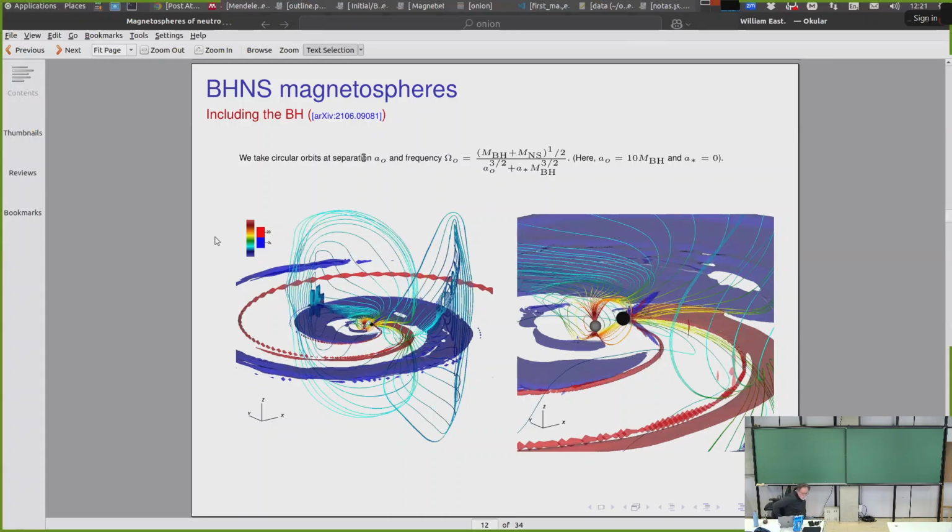And this way you can prescribe a given orbit. Let's say in principle we were just focusing on a Keplerian circular orbit. And we study different orbital separations, and we study what is the electromagnetic dynamics of this system with the plasma, of course, in these compact binary systems.